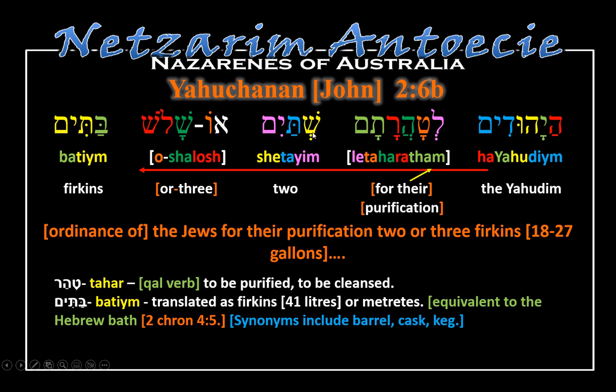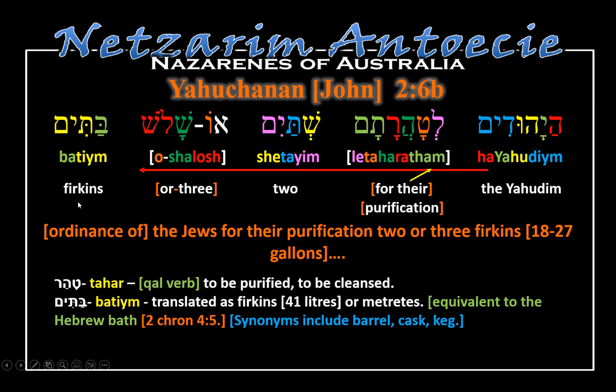And then we've got shetayim, 2. And then we've got o, which means or, and as we can see the aleph is silent. And then we've got shalosh, meaning 3, 2 or 3.